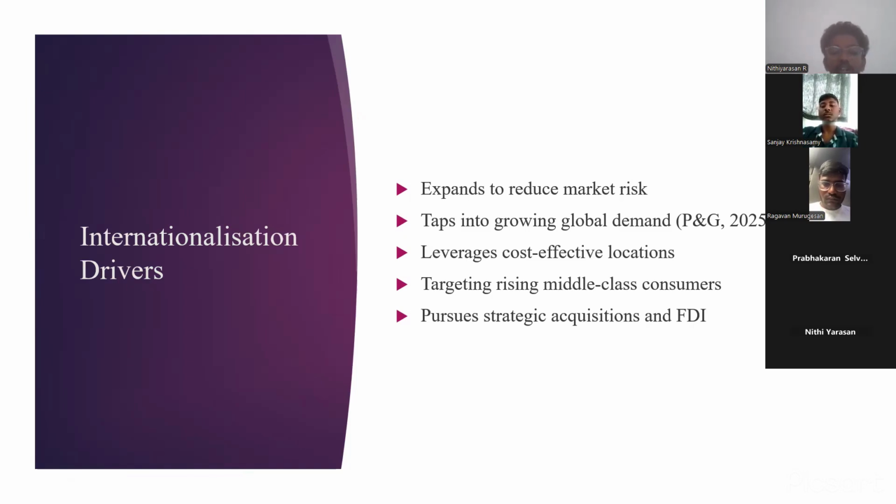Also, they were targeting the rising middle class with their global marketing strategy. Investments abroad, especially through acquisitions and foreign direct investment, helped to drive growth. These are the major advantages of the internationalization drives, and they are focusing on the middle class and also on high class families, which helps the marketing strategies. And the next slide, Raghavan will explain.